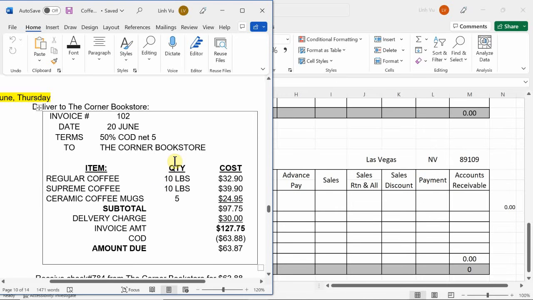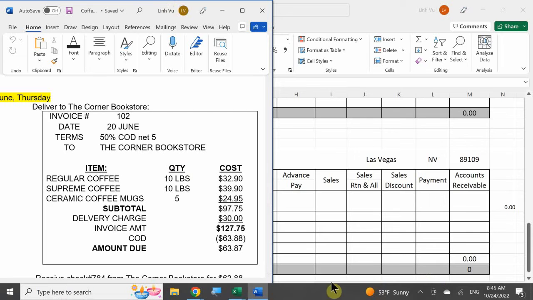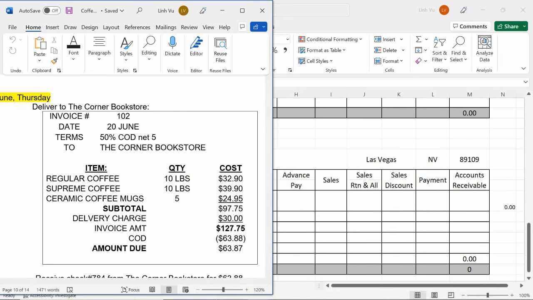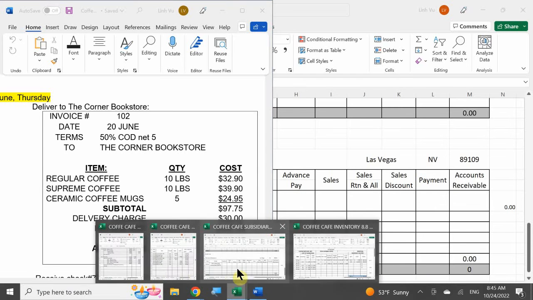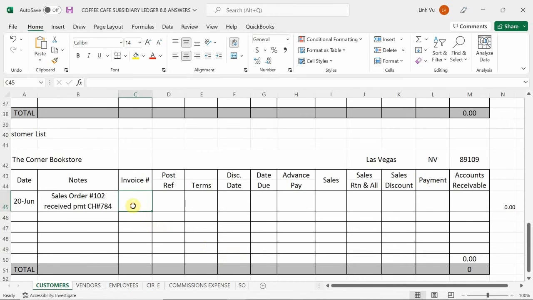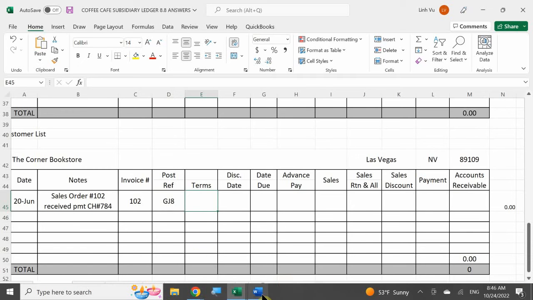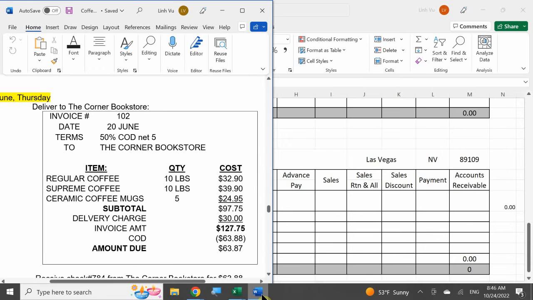Invoice number 102. Reference: check, General Journal 8. Good. Terms. It's 50% COD net 5. Good.